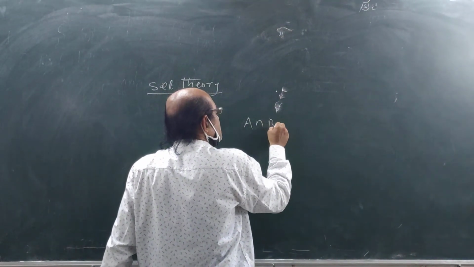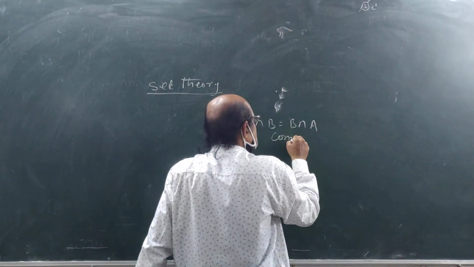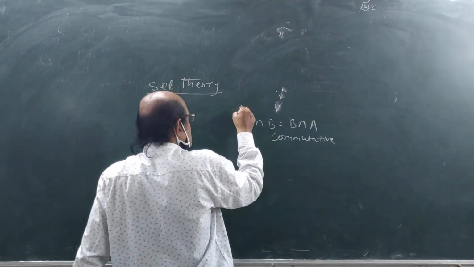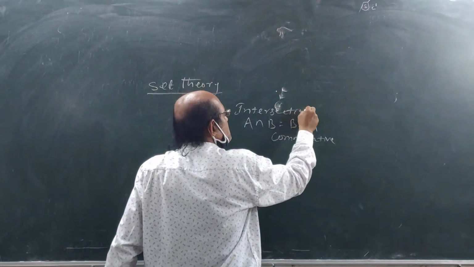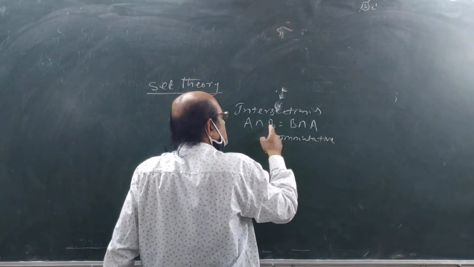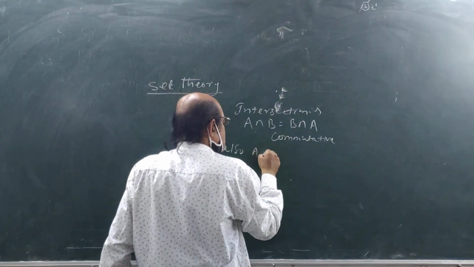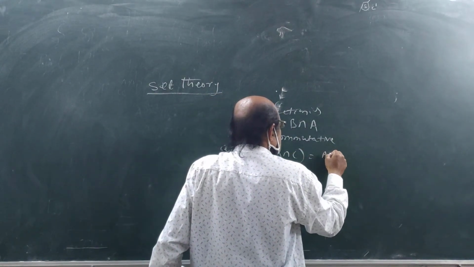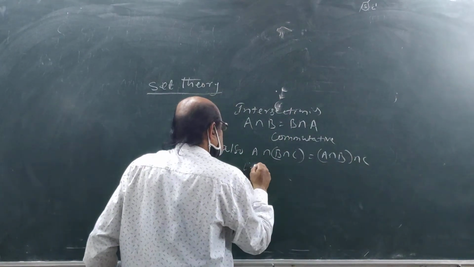Similarly, about intersection, A intersection B is equal to B intersection A. This is commutative. Remember, intersection is commutative. Also, (A intersection B) intersection C is equal to A intersection (B intersection C), which is associative.